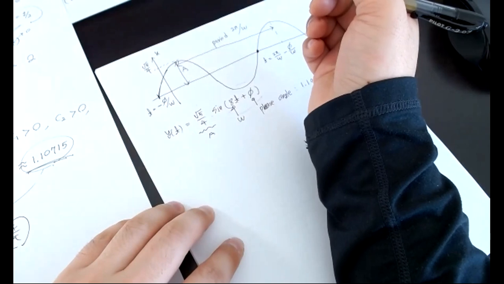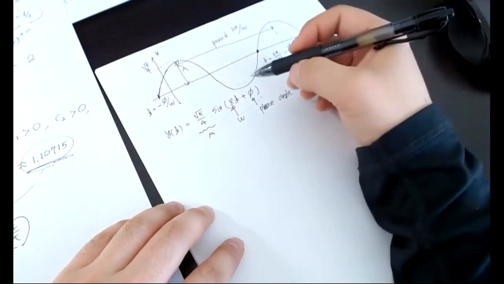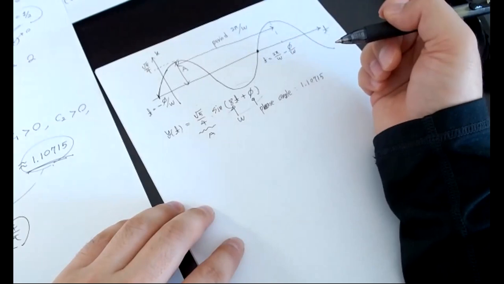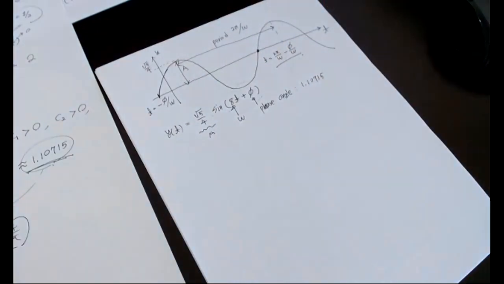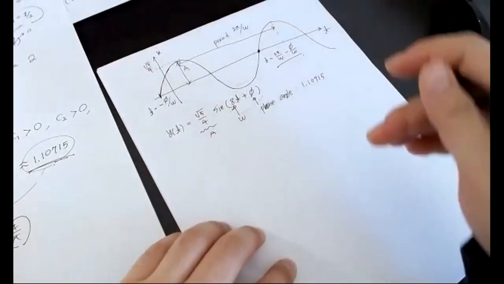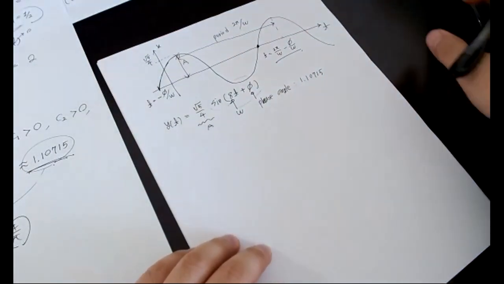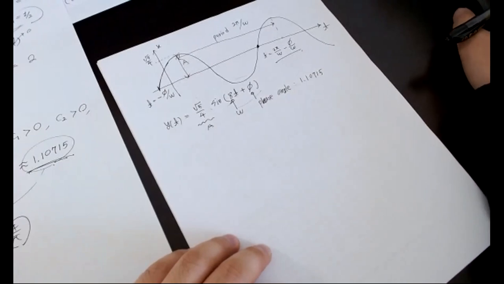Omega, then pi, let's see. Yes, right. This is right. 2 pi over omega minus pi over omega. Yeah, right. Now the next one.